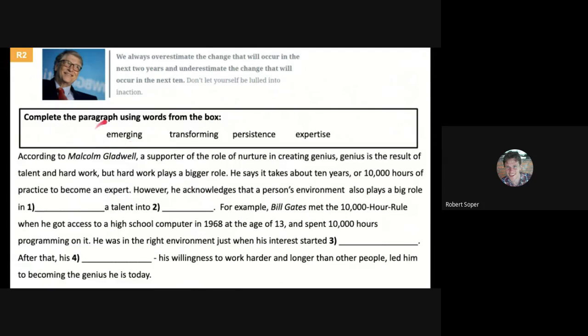So anytime you have an exercise like this, it's very helpful to write down whether the word is a noun, a verb, an adjective, or an adverb.